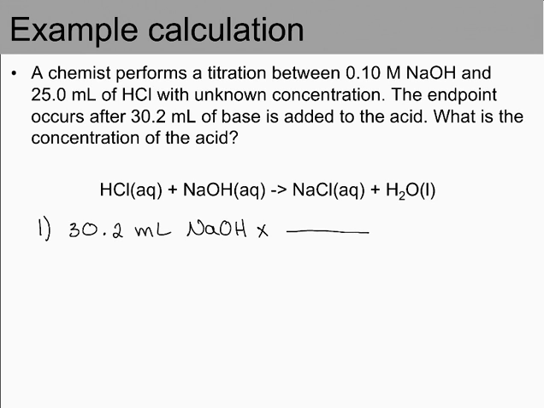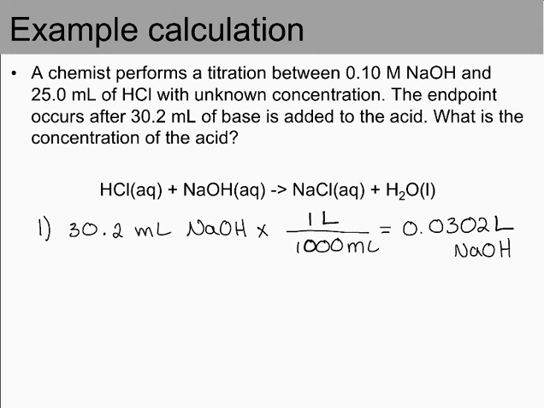Okay, so let's convert milliliters to liters. How many milliliters are in 1 liter? 1,000. Okay, so when we plug that in to our calculators, we get 0.0302 liters of NaOH solution.